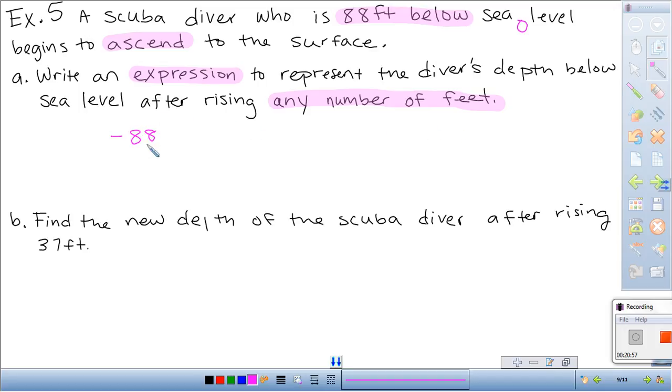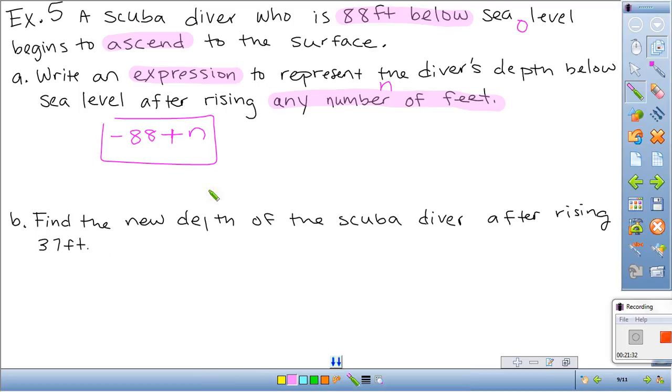Well, I know here's where he's starting, but what is any number of feet? Remember that when we don't know what it is, it's just a variable. So I'm going to use n for any number of feet. So he's rising, so we're going up, any number of feet. So negative 88 is where he's starting, plus however many feet he rises, n. There's our expression. There's A.